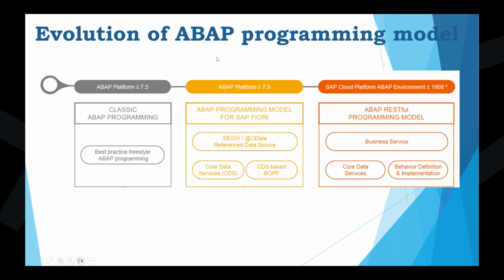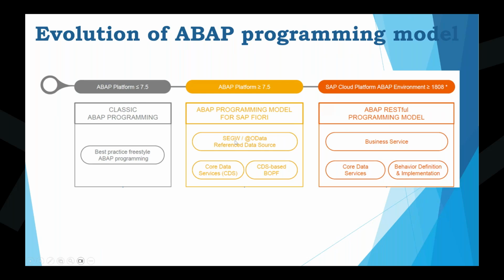If you look at the evolution of the ABAP programming model, if your system is less than or equal to 7.4, we used to have the classical programming model, best practices, freestyle, normal ABAP in ECC system. If you are greater than or equal to 7.5, you used to have SEGW, OData, installing the NetWeaver Gateway components in the ECC system, and we used to develop the OData part.